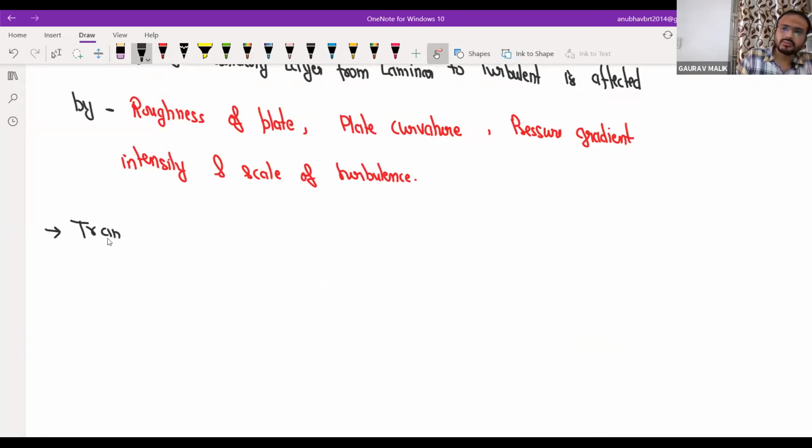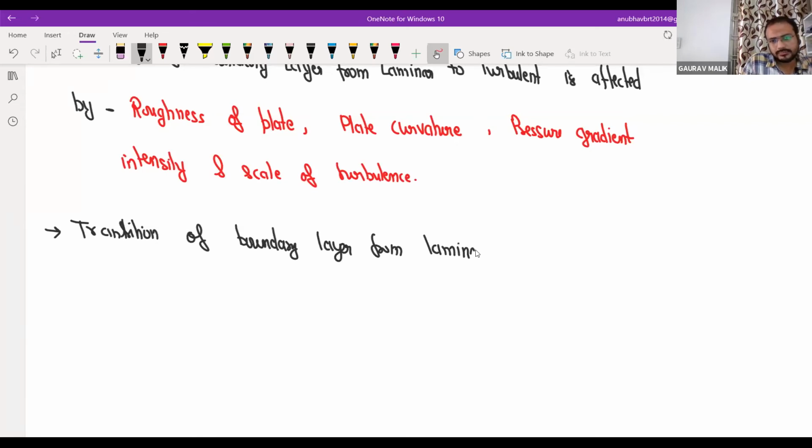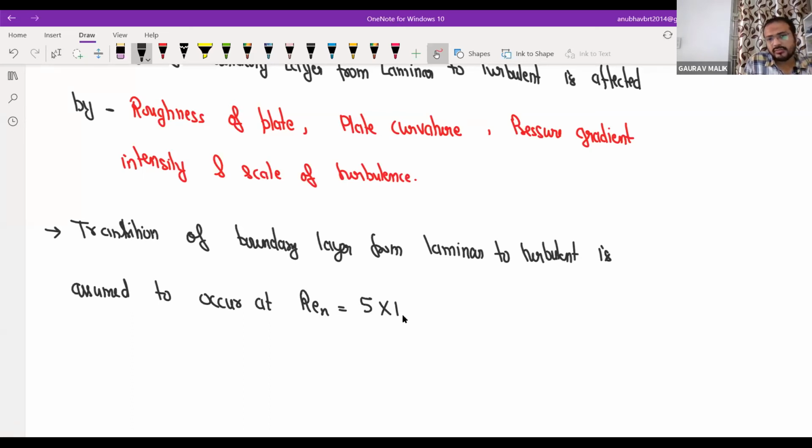The transition, it is all about the flow through a thin parallel plate. The transition of boundary layer from laminar to turbulent is assumed to occur at 5 into 10 to the power 5.